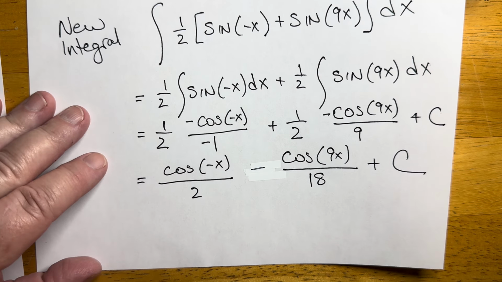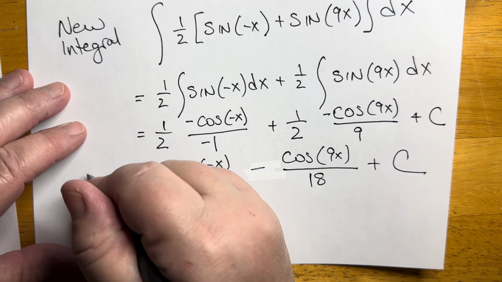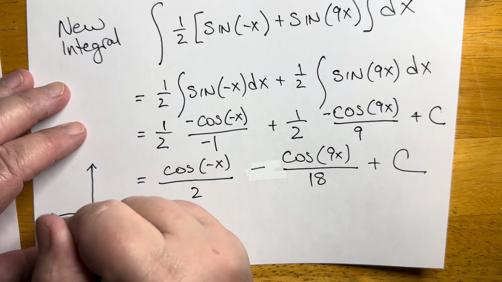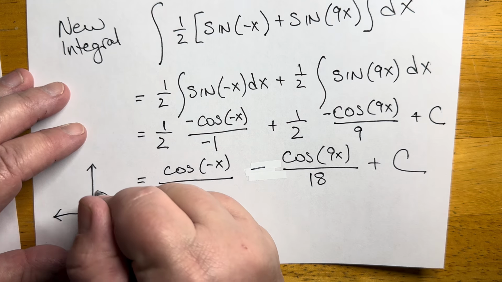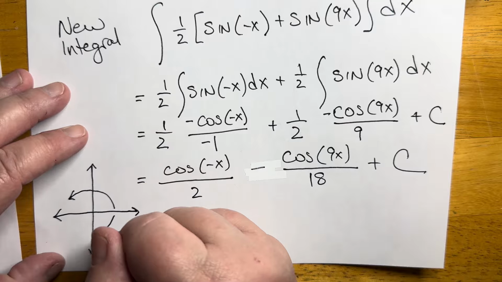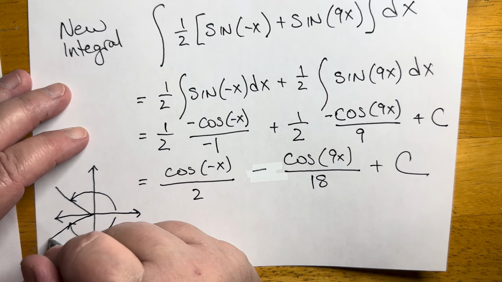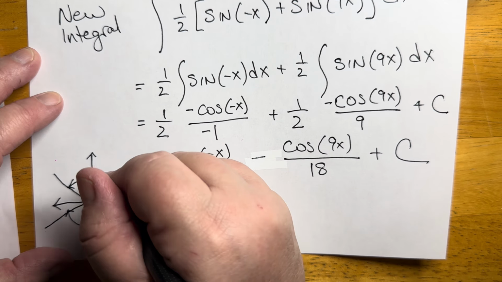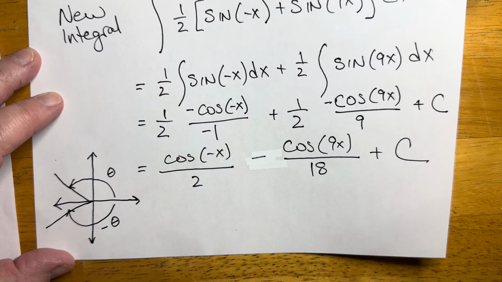Okay. Now, what else could we do? Oh, that's the worst drawing I've ever drawn. So if this is the angle theta and this is the angle the opposite of theta, tell me about cosine.